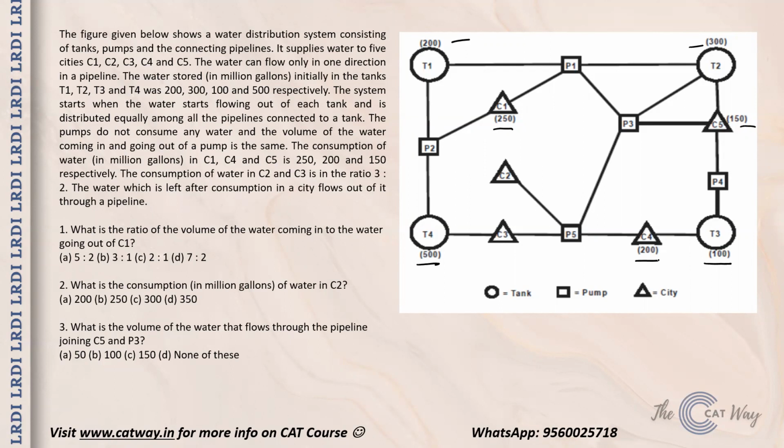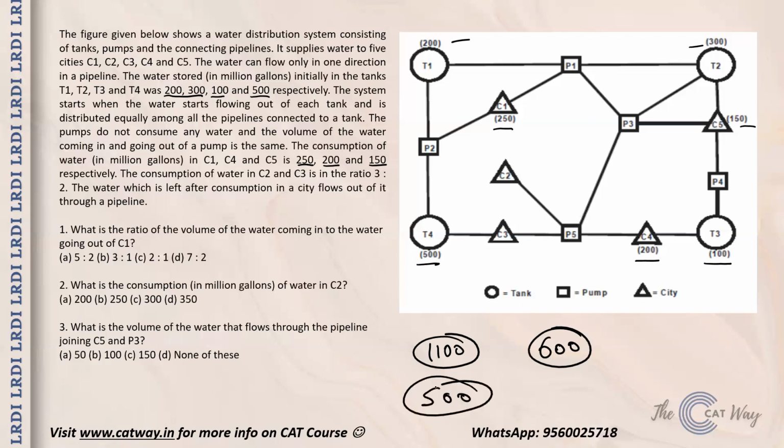Now guys, the total water in the tanks is 200 plus 300, that is 500, plus 600, that is 1100. So total water in the tanks is 1100. Whereas for the 3 cities for which we have been given the data, it is 250, 200, that is 450, and 150, that is 600 accounted for. That means there are still 500 million gallons of water unaccounted for, and that is going to be distributed between C2 and C3.